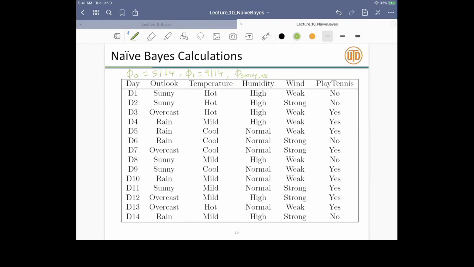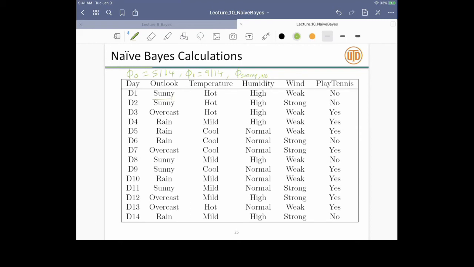What will be this probability according to the naive Bayes model? Probability that it's sunny but you don't play tennis. 3 over 5, exactly.